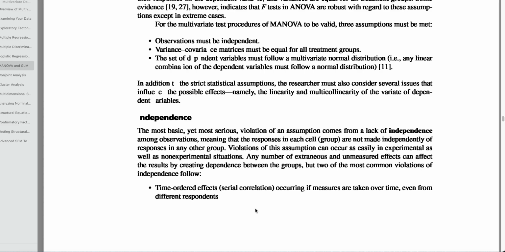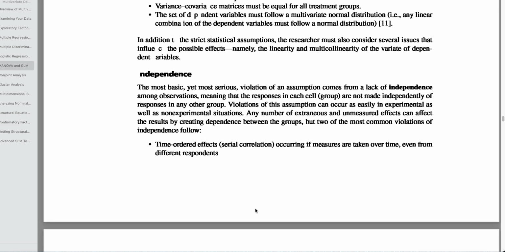Any number of extraneous and unmeasured effects can affect the results by creating dependence between the groups. But two of the most common violations of independence follow. The first is time-ordered effects: serial correlation occurs if the measures are taken over time, even from different respondents.